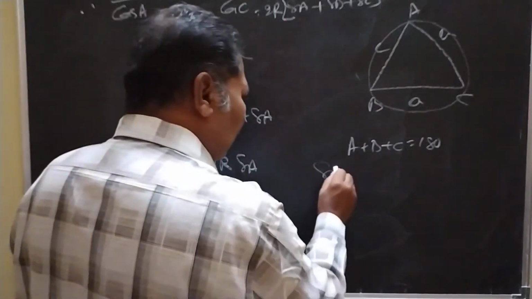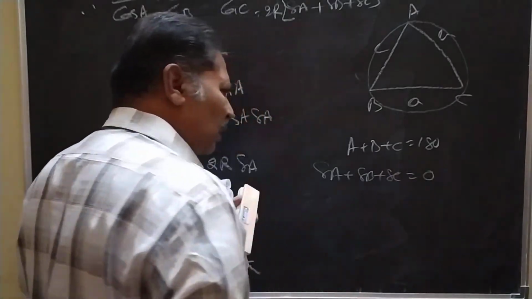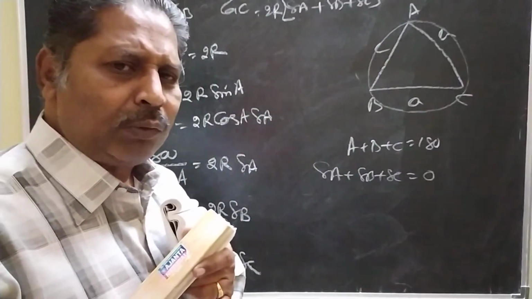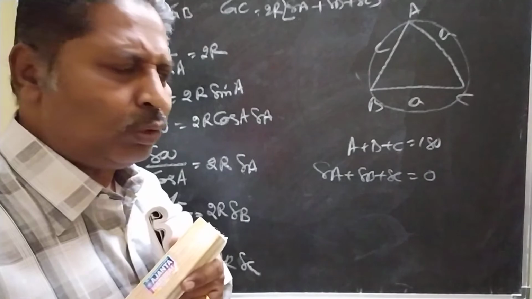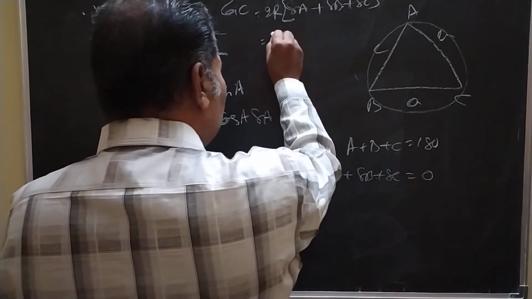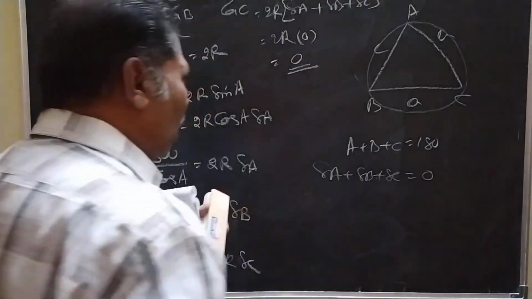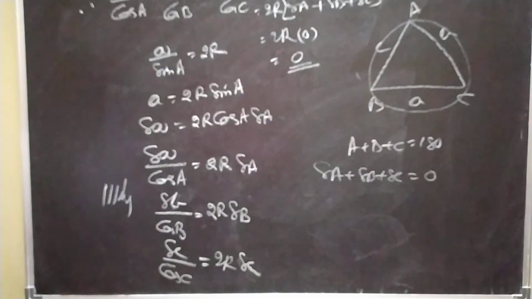So delta A plus delta B plus delta C, derivative of any constant, equal to 0. So substitute this value: 2R into 0 equal to 0. This is the answer.